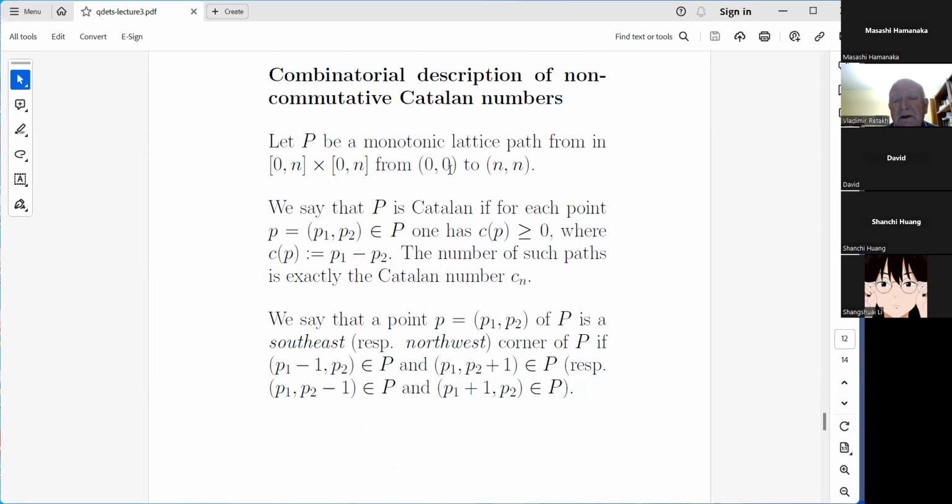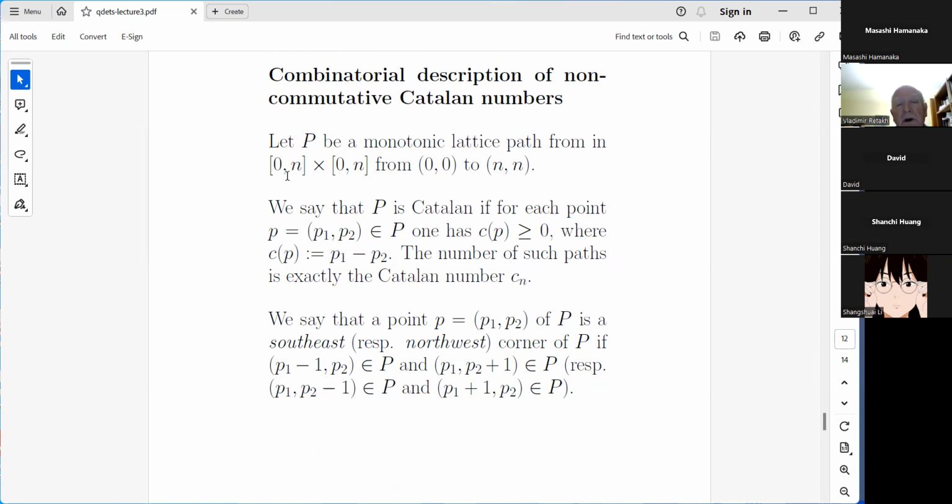So suppose I have a lattice in a plane with coordinate axes, and the lattice is just the points with integer coordinates, and I consider so-called monotonic paths.